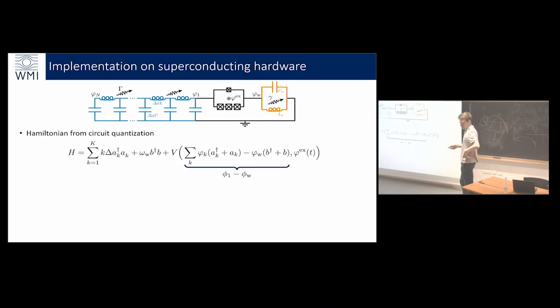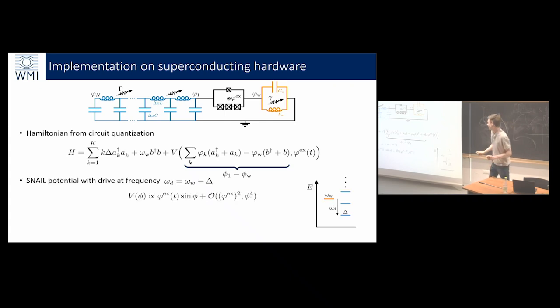And then if we look at the form of the potential after fixing all the internal parameters of the snail, we basically see that in first order in the external flux, so we assume it to be small, this is proportional to a sine of phi, which is the difference of these fluxes.